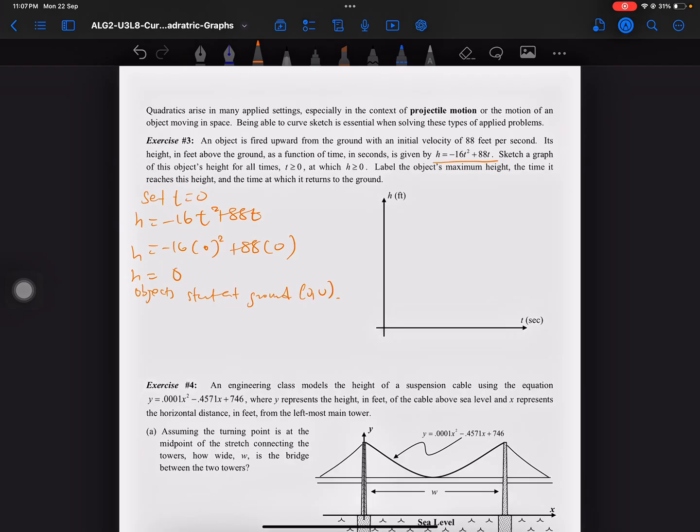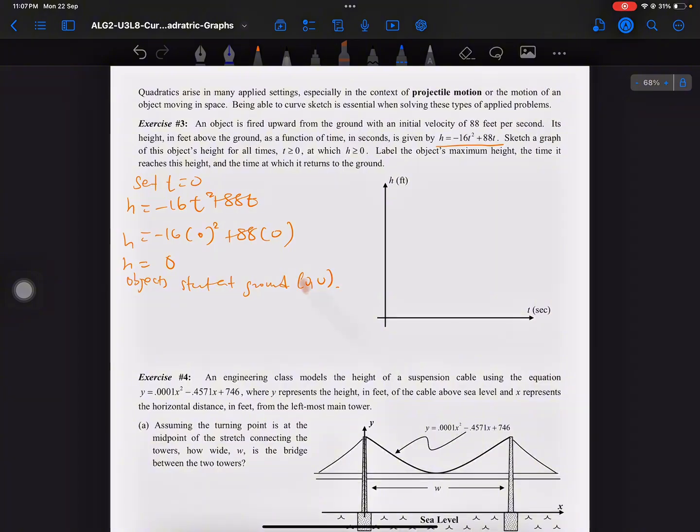Alright, then we need to find the x-intercept. How to find the x-intercept is by setting h equals 0. So now first we already have 0, 0, the first point. This is our y-intercept.